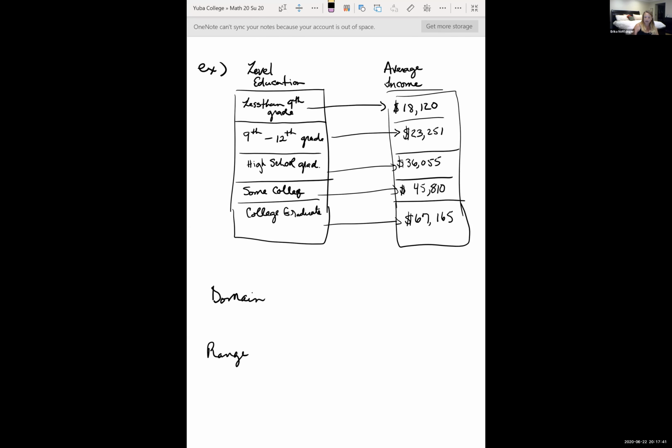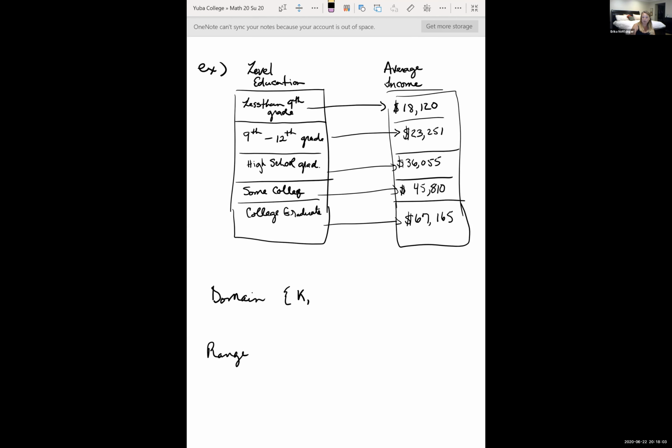So we kind of have multiple sets. For our first set, let's look at less than 9th grade. Well, less than 9th grade could be kindergarten.